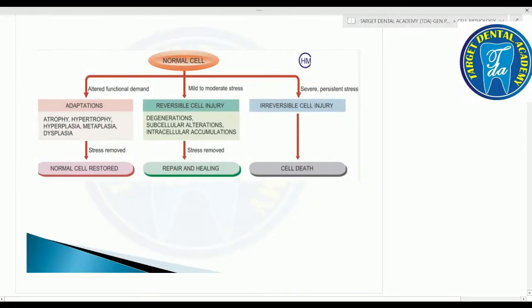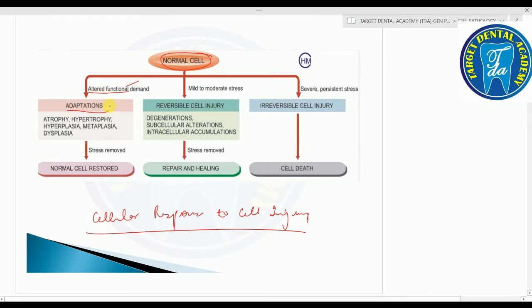Let's discuss the common cellular response to cell injury. This is the basic cellular response. See, this is the normal cell. When there is altered functional demand, it leads to certain cellular adaptations, which include hypertrophy and atrophy, which means increase or decrease in the cell size.